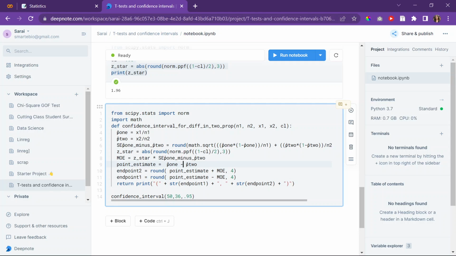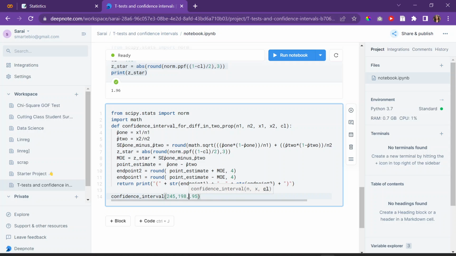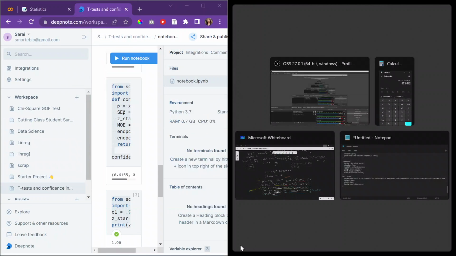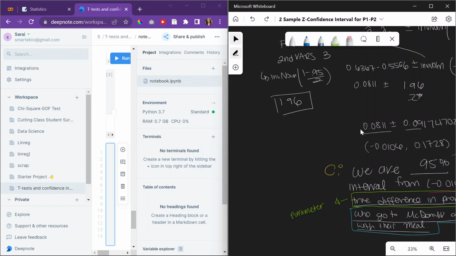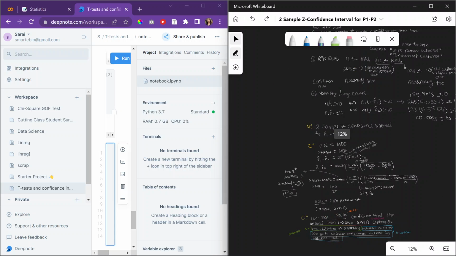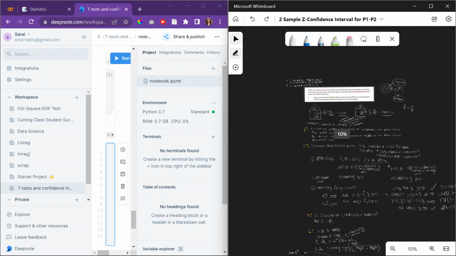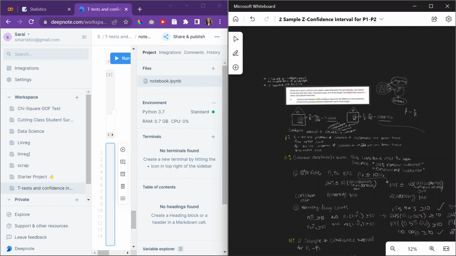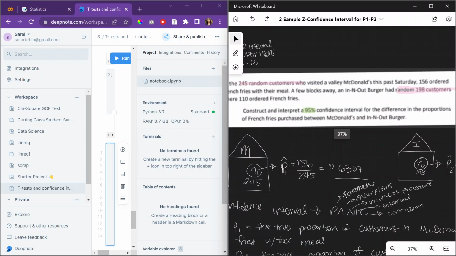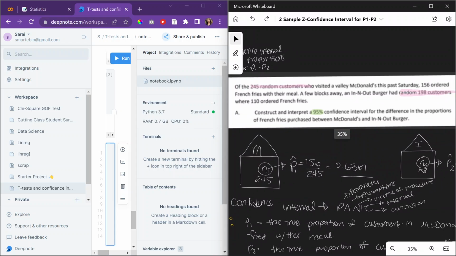And n.2 confidence interval, so it's, what did I do? Okay. So we do have a 0.95 confidence level, so our n1 was 245, our n2 was 198, our x1 was, I don't remember, so let's go and see what it was. We go back up in our problem. So our x1 was 156.